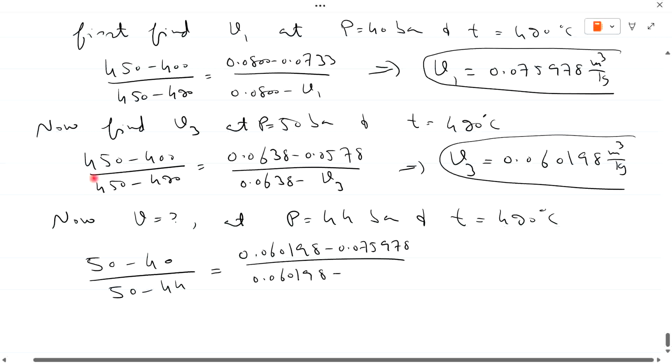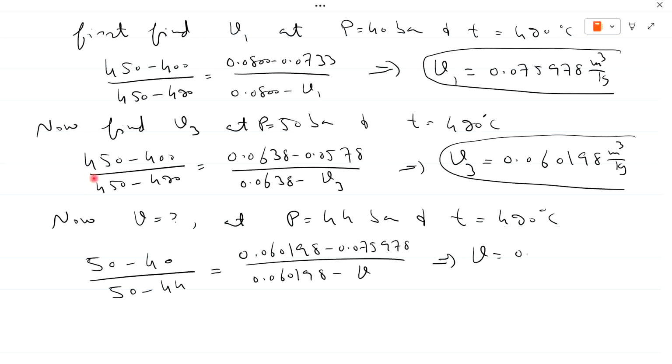Second is V, which is unknown and which is required. So V is equal to 0.0695 meter cube per kg.